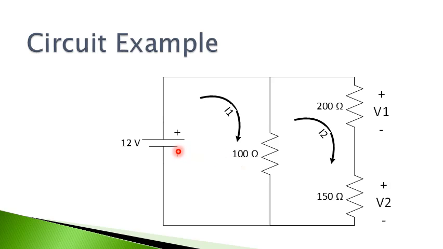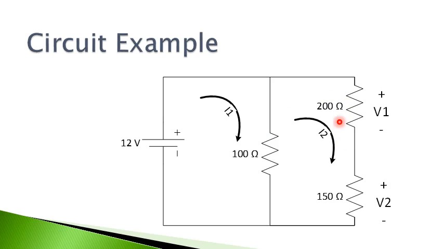This way we would have a 12 volt here summing with what's essentially a negative 12 volt there to produce 0 volts around that loop. So now we can conclude that there is 12 volts across this resistor, and we use Ohm's law to say 12 divided by 100 is going to give us the current I1. Alright, so that should be 120 milliamps of current.